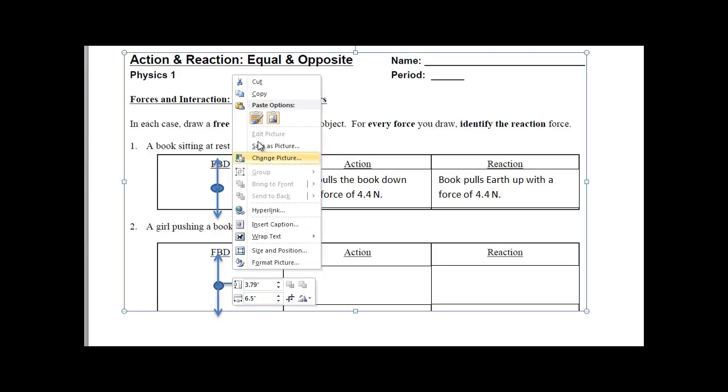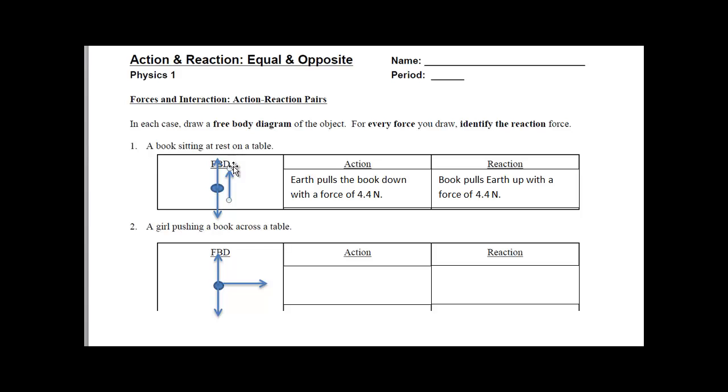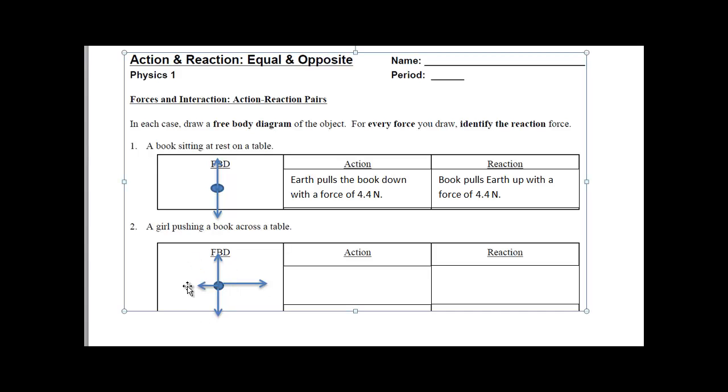And then we're going to put a resistive force because it's sliding on the table, so there is a little bit of resistance there, a little bit of friction, and so this arrow will represent the force of friction that resists that motion. And so if we have this scenario for the free body diagram, our vertical forces, gravity and the normal force, are balanced. Our horizontal forces, the force of the girl pushing on it and friction, are not balanced. So we have what's called a net force here. So this thing is going to accelerate to the right.